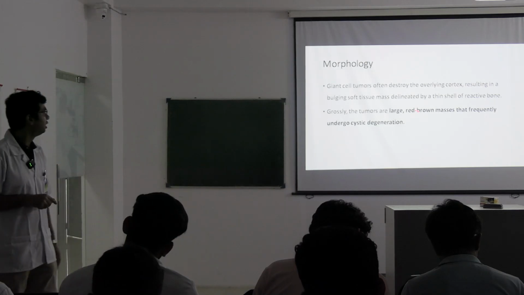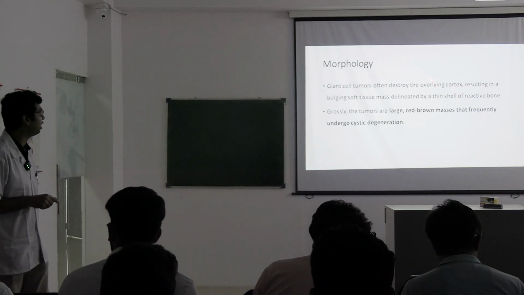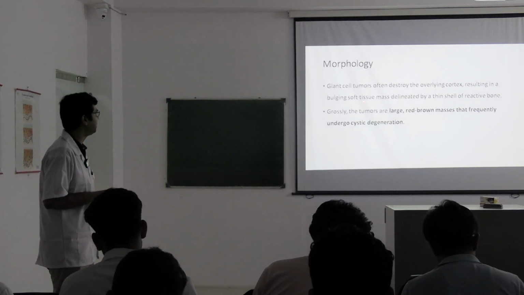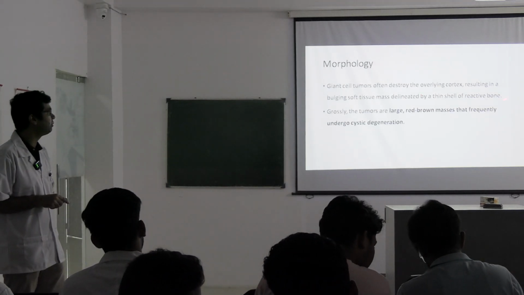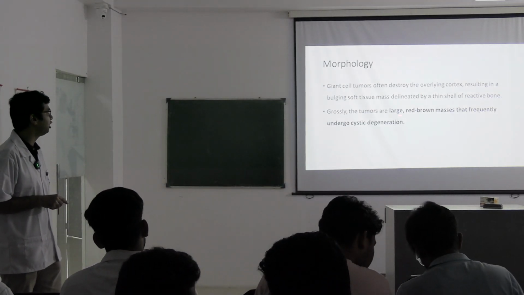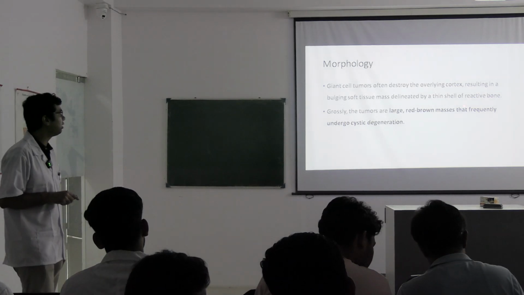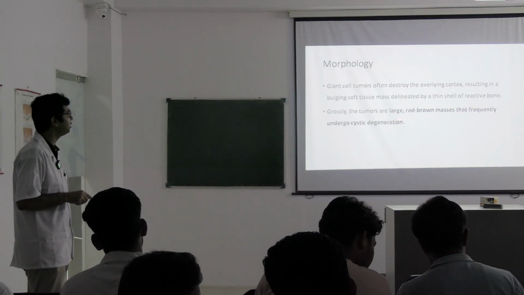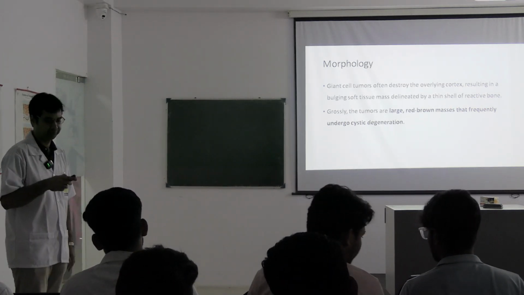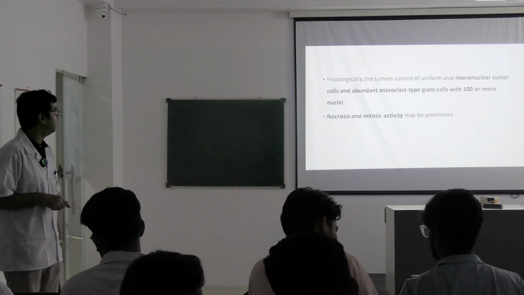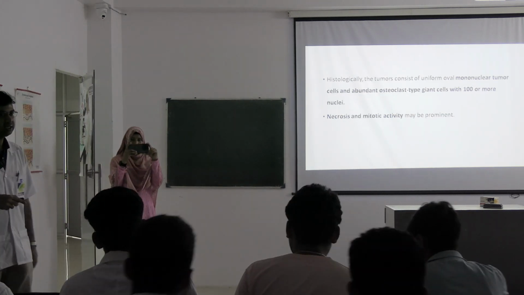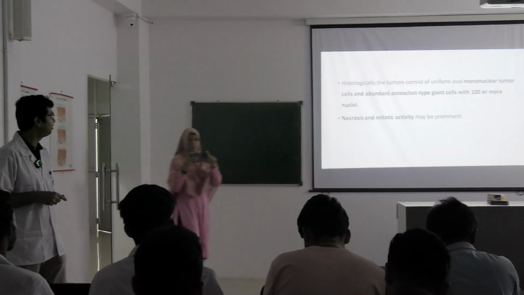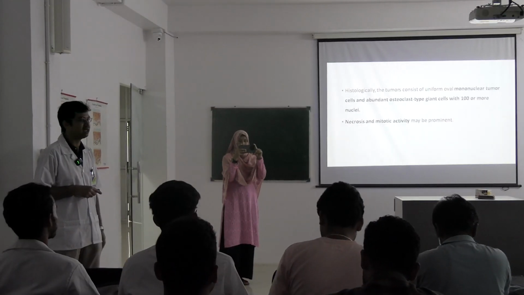Now, morphology. Giant cell tumor often destroys the overlying cortex, resulting in a bulging soft tissue mass delineated by a thin shell of reactive bone. Grossly, tumors are large, red-brown masses that frequently undergo cystic degeneration.